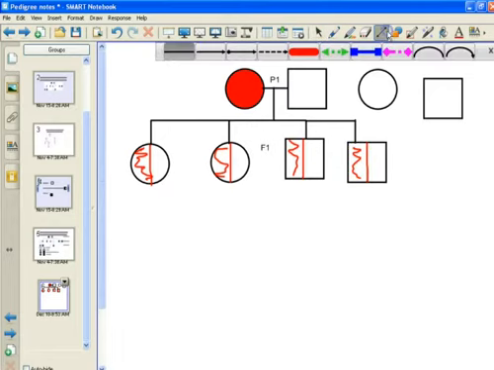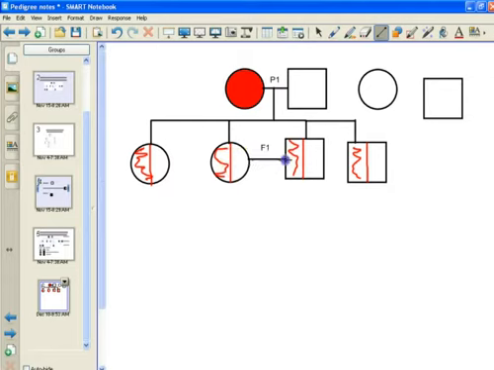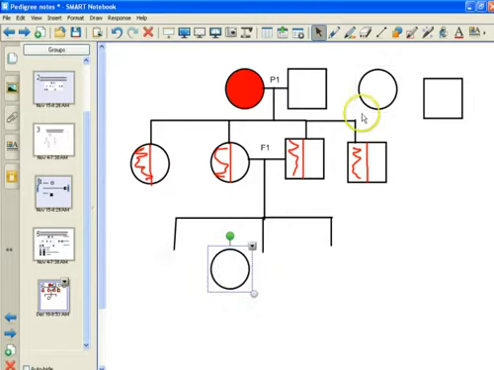Now, as we well know, we took the children from the F1 generation and crossed them, and they are producing what we have to look at yet in a couple of days, which will eventually be the F2 generation. So let's just say, out of all this, they have a couple of kids.